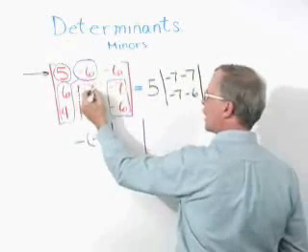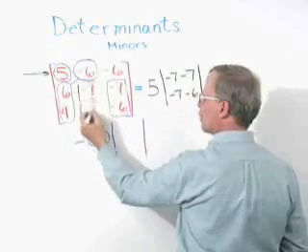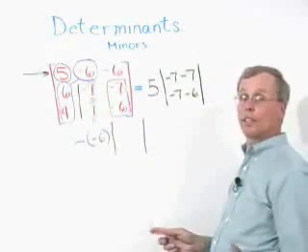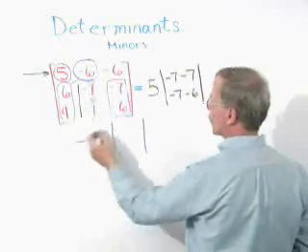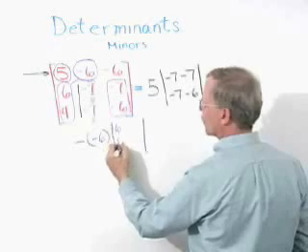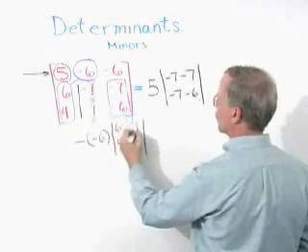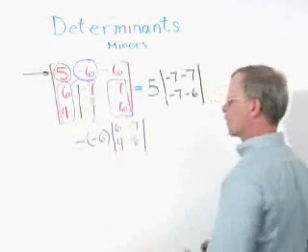So you block out the row and column that it's in and look at the numbers that remain. So this would be 6 and a 4 in this column, -7 and -6 in this column.